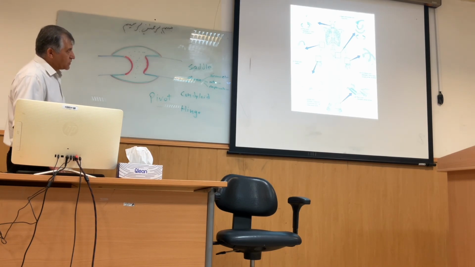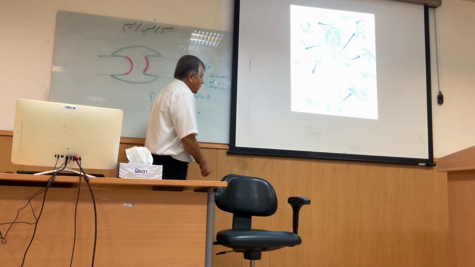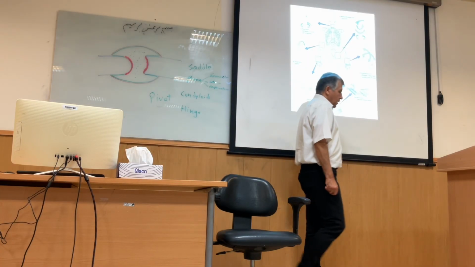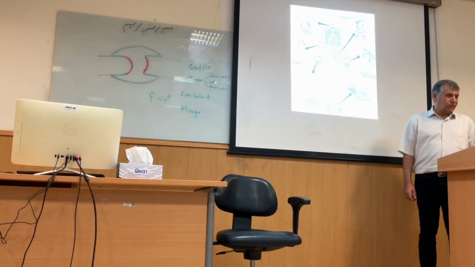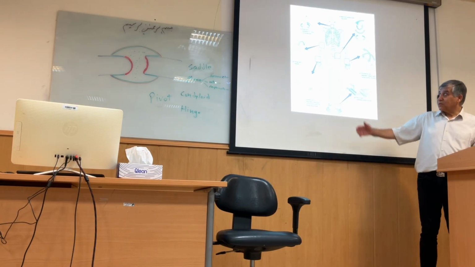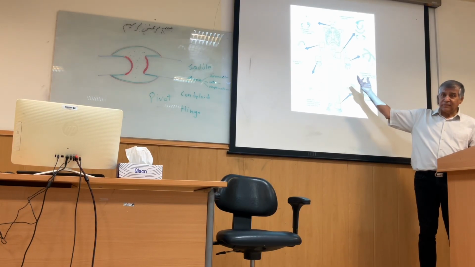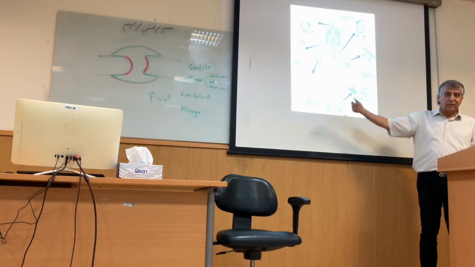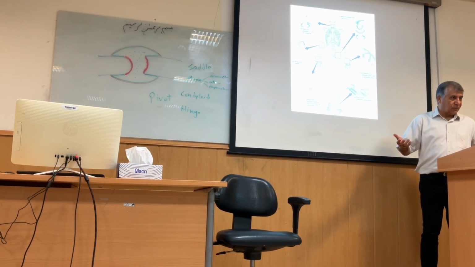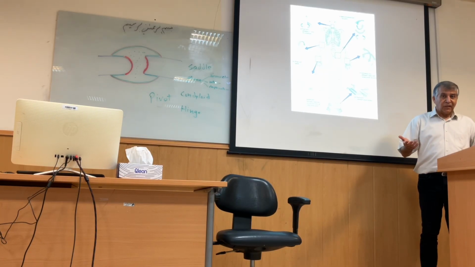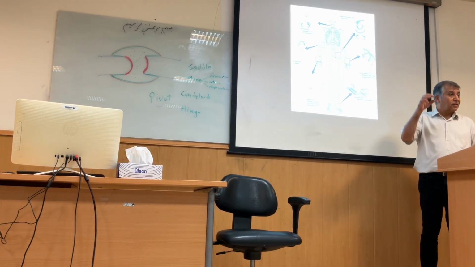Which of these joints is prone to injury? Shoulder. Why? Because it has many functions. Many functions are good, but it is injurable.